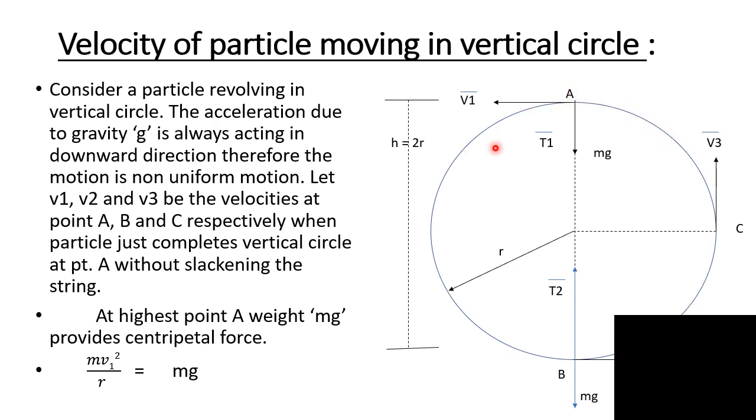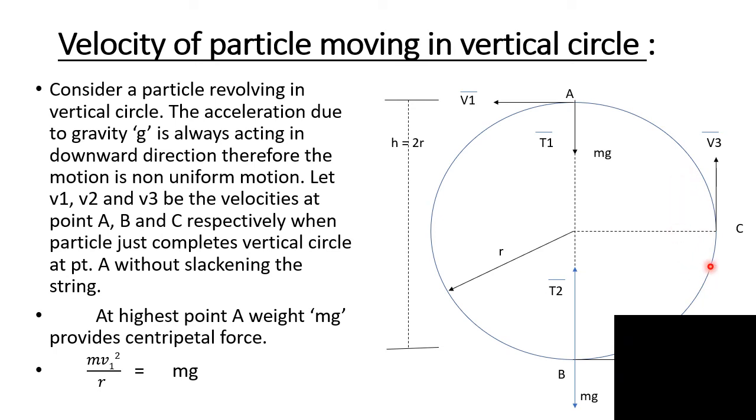Initially, the motion in a vertical circle is not uniform. This is an example of non-uniform circular motion, because when the particle is moving from the lowest point to the highest point, acceleration due to gravity is acting in the vertically downward direction. Therefore, the velocity of the particle goes on decreasing.